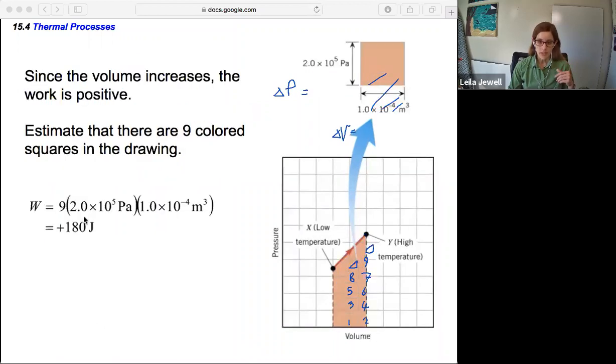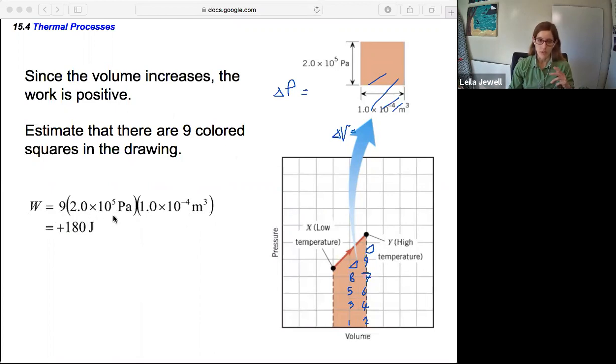So looking at this graph, since the volume increases, the work is positive. Notice if it was going the other way, we would actually have a negative work, so that'd be something we would need to take into account. But we can estimate there are 9 colored squares in the drawing, as we did, and then the work is 9 times the area of one of those squares.